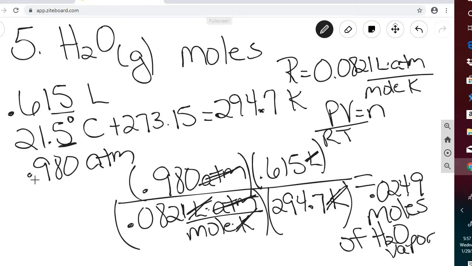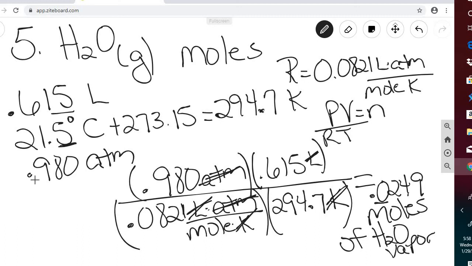I'm going to go ahead and run those numbers in my calculator again, just to be sure that I did my calculations correctly. So 0.980 times 0.615 divided by 0.0821 divided by 294.7 equals 0.024910239, but we can only have 3 significant figures.